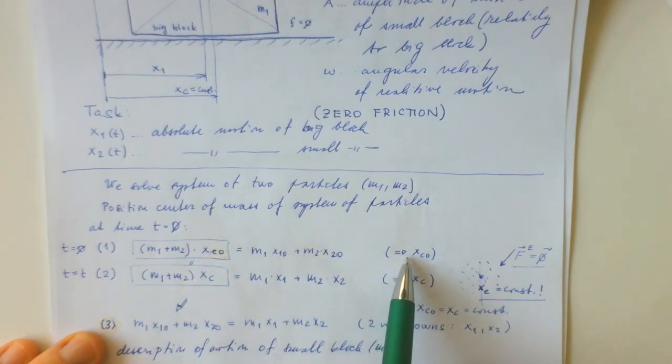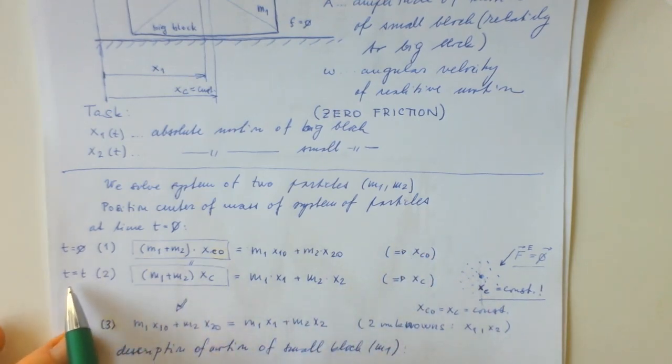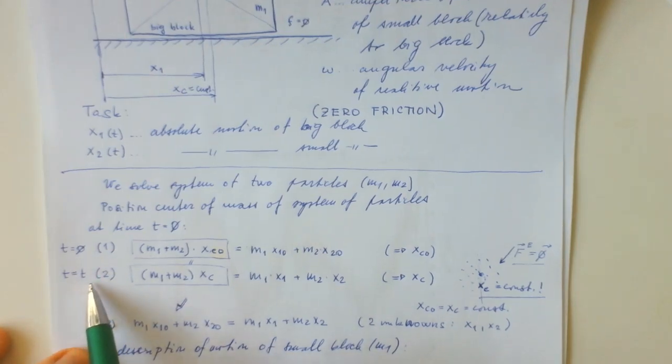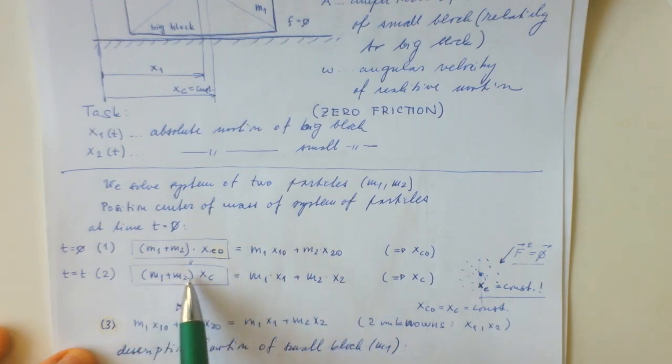So from this we could calculate xc0. If the time is not equal 0, in general time we can make a similar equation, but xc, the position of center of mass, is no more the beginning or origin for time 0, but its general position.